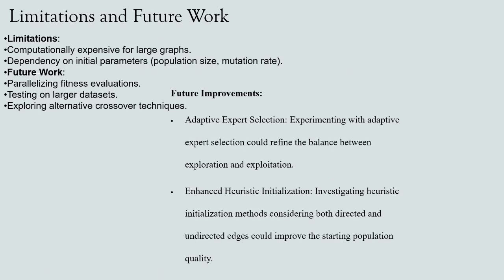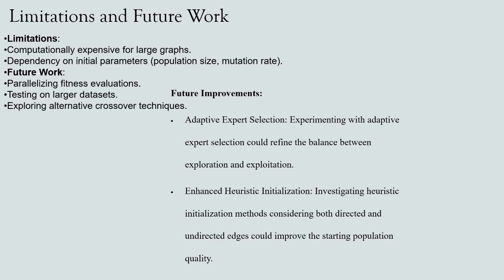Limitations and future work. It is computationally expensive for large graphs, like I was talking about. The larger the population or mutation rate, you'll get a much longer runtime, so it depends on initial parameters. Future work: fitness evaluations, testing on larger data sets, exploring alternative crossover techniques.